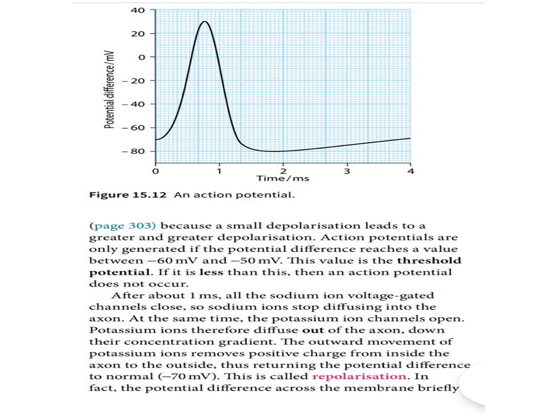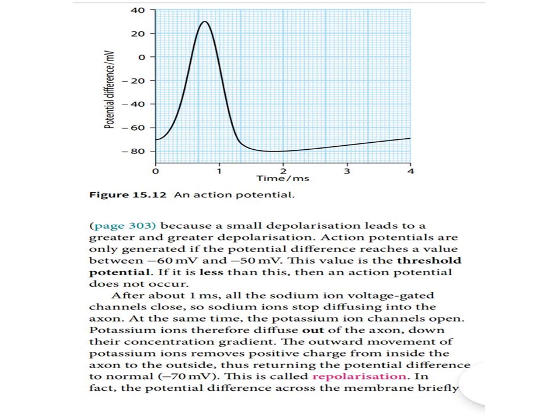So this is associated with the loss of more potassium ions towards the outside, which brings a more negative charge of minus 80. So there is a time taken, called the refractory period, for the neuron to restore its original resting membrane potential value of minus 70.